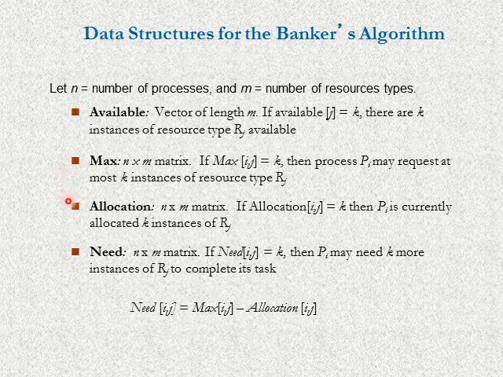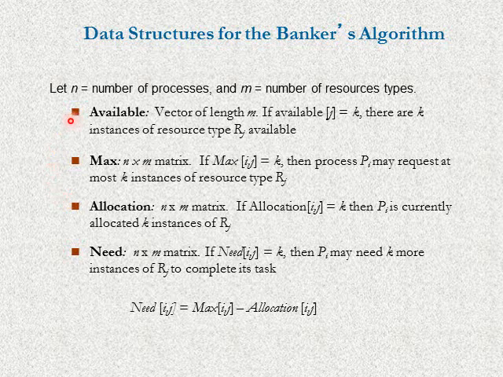The second matrix, another 2-dimensional array, is the allocation matrix that stores the number of instances per resource type against each process at any given time. So these are the number of allocated resources at any point in time.